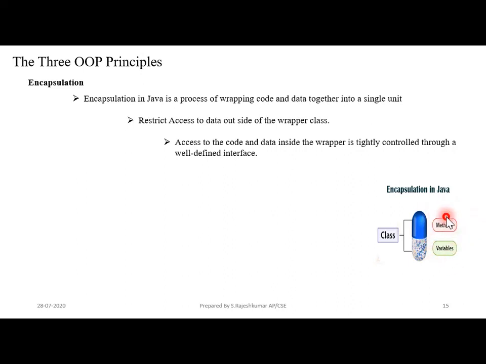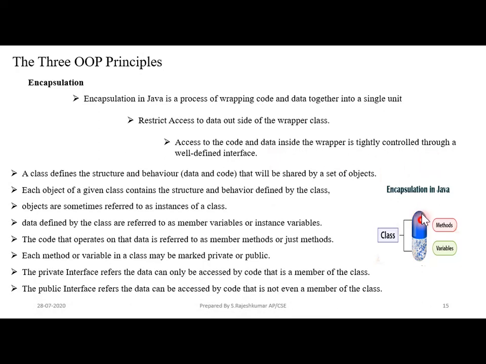How is this code controlled by the data? The data is the object. Based on the object, the code can be controlled. This is what object oriented means. In order to access the code, we have certain things: private and public. These are two access specifiers.